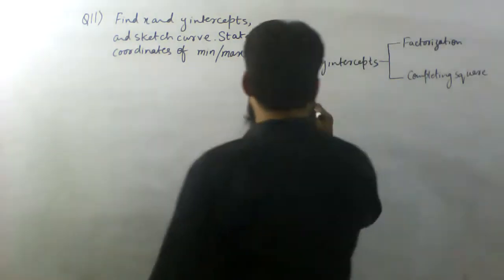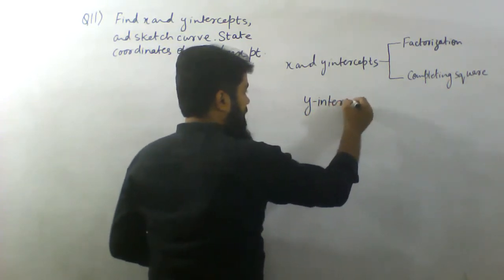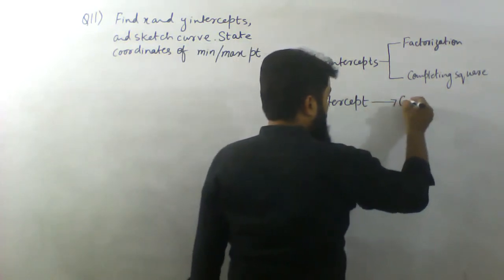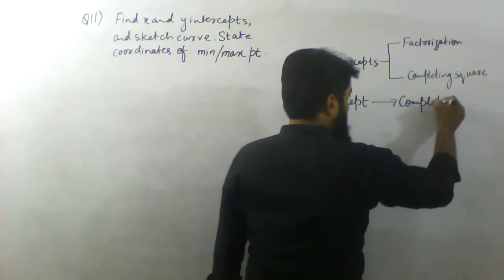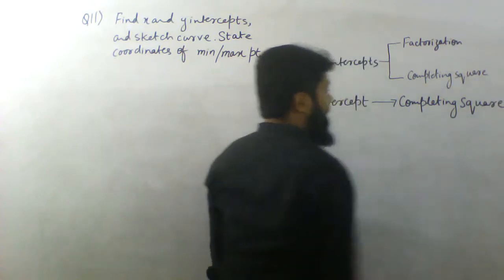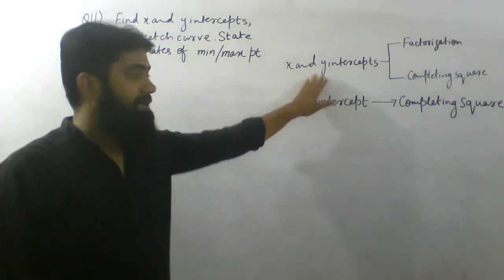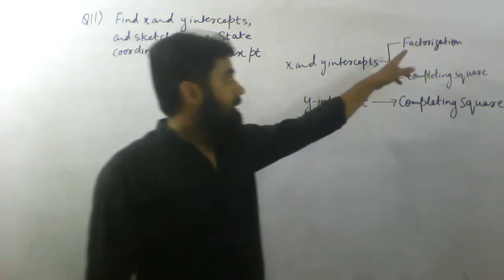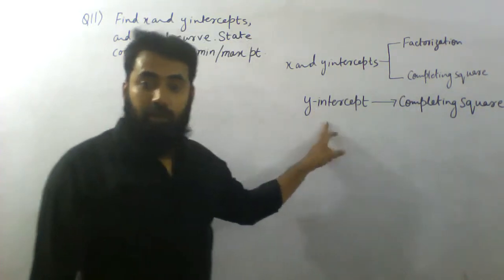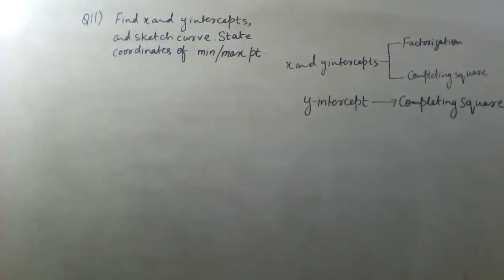But when they ask for only y-intercept, then better go with the completing square method only, because sometimes factorization will not be possible. So when they are asking for x-intercept and y-intercept both, you have a choice. You can use the factorization method or the completing square method. When they are asking for only y-intercept, then you will go for the completing square method.